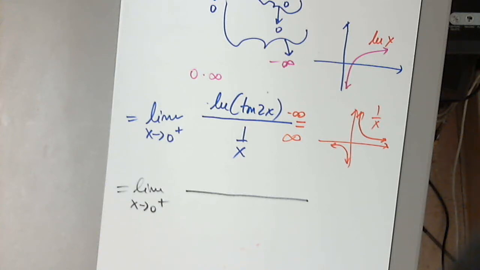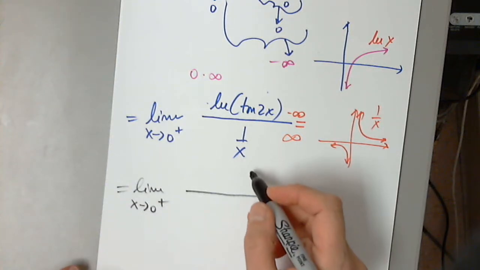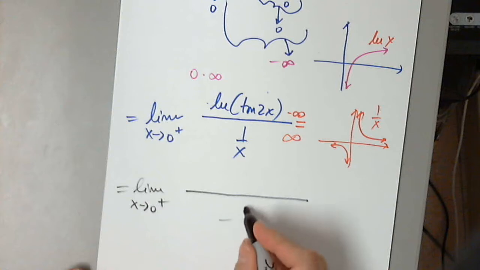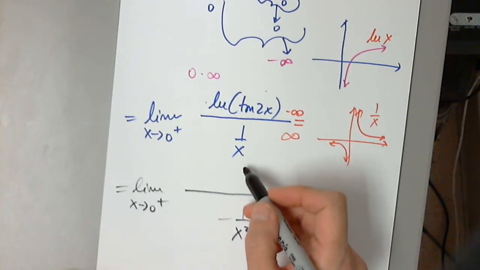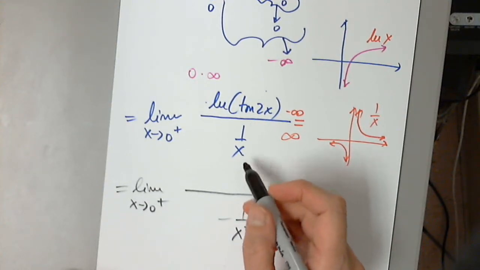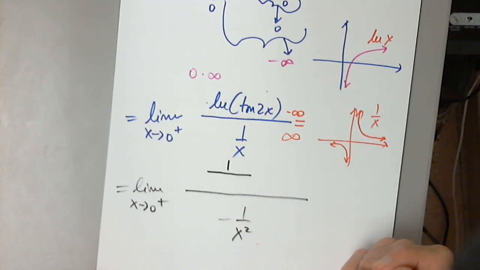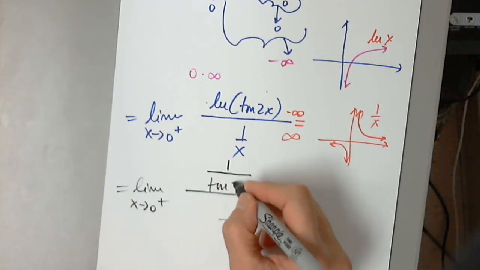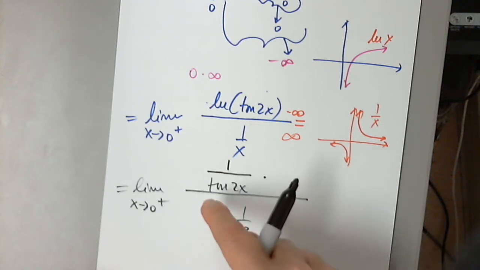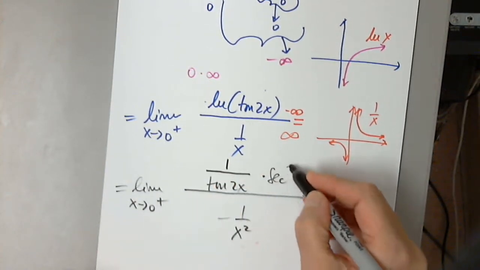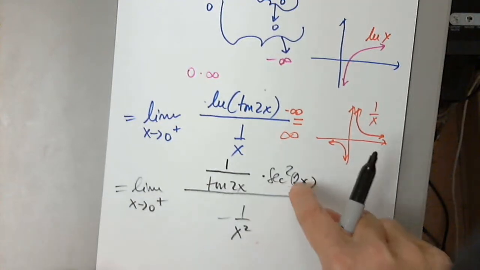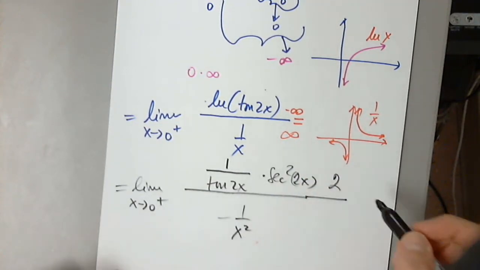So then, the denominator is the easy one. The numerator would be 1 over tangent of x times secant squared of x times 2.